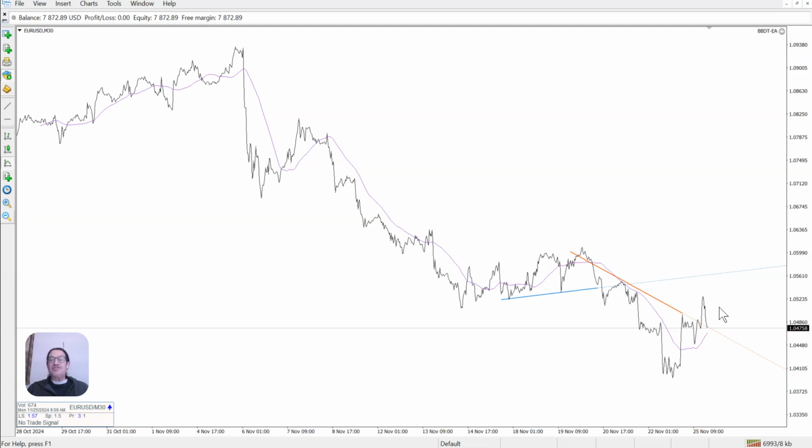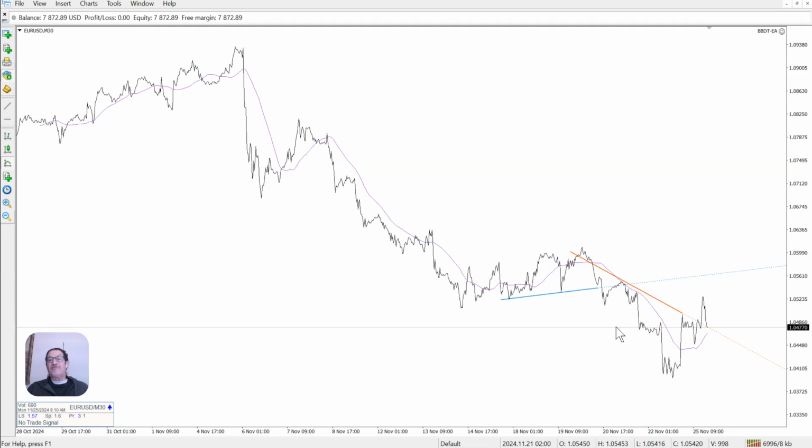For a sell position as well as for a buy position, the conditions are the same, just in reverse. In order to get into a sell position here, the 50 SMA must be below the trend line and price must be below the 50 SMA.